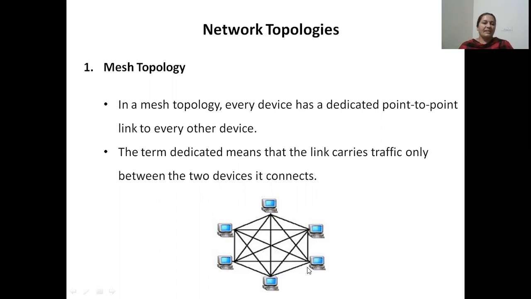When we say dedicated, it means that the particular link carries or transmits data between only those two devices, and it doesn't carry data pertaining to any other devices. In a mesh topology, therefore, every two computers will have a dedicated communication channel linking those two computers.